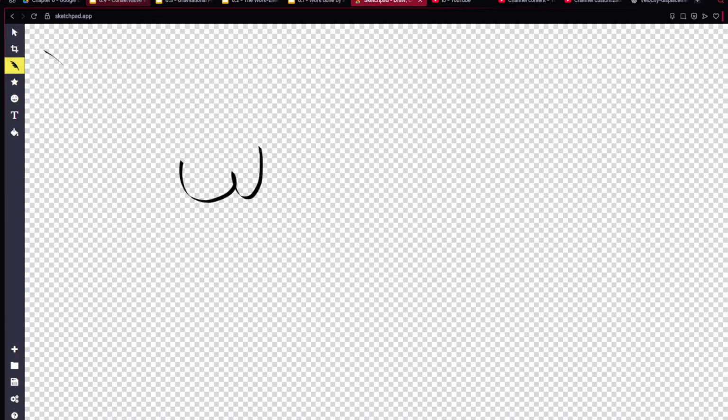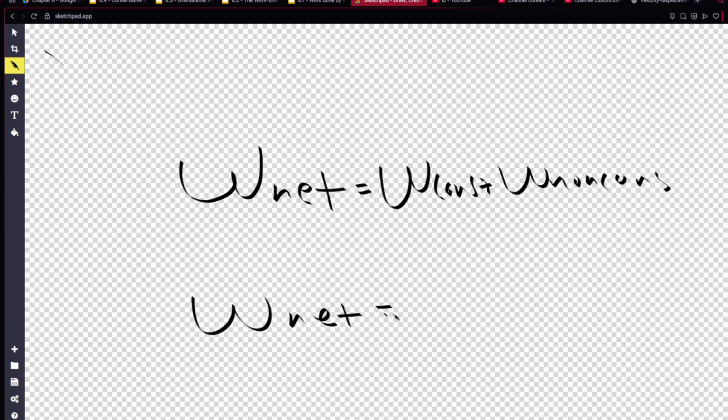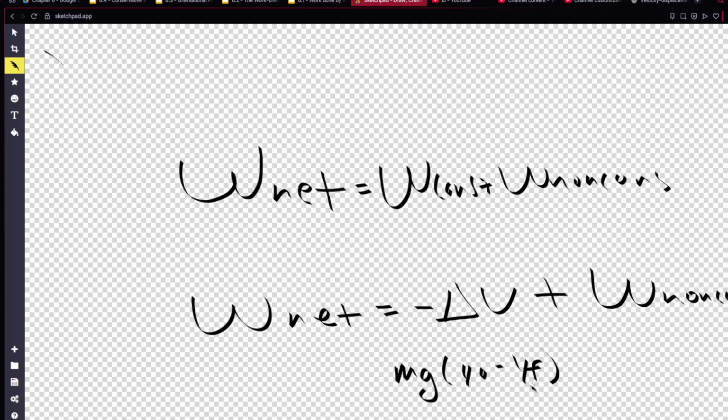So, W net equals W cons plus W non-cons. And as we know, W cons is just negative delta potential energy, plus W non-cons. Delta potential energy is mg(yo minus yf), or you can factor out a negative 1 here, and then plus W non-cons. Then you just move this to the other side.